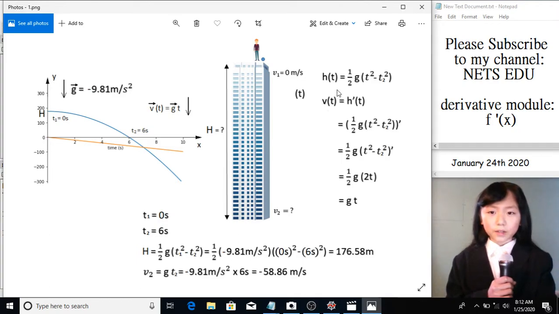The function for the speed is the derivative of the function of the height. Over here we have this graph. This is the height per second, and if we want to find the speed of the ball at this point, we find the tangent of that point.